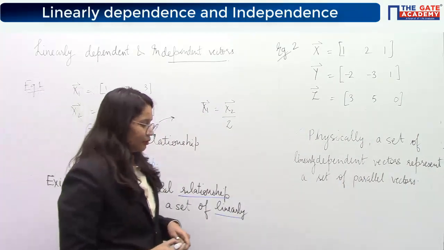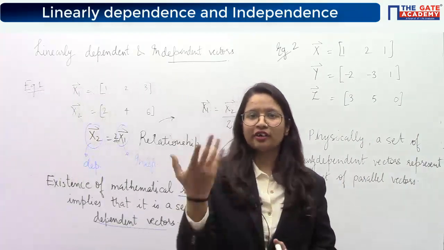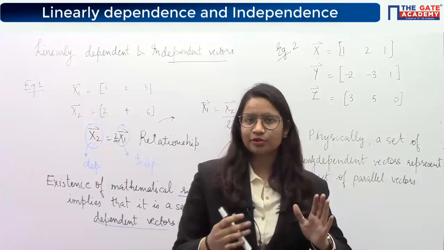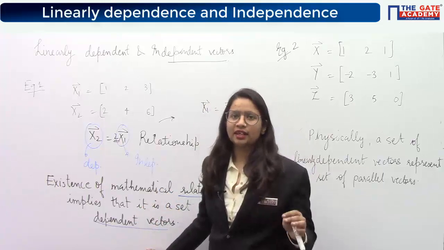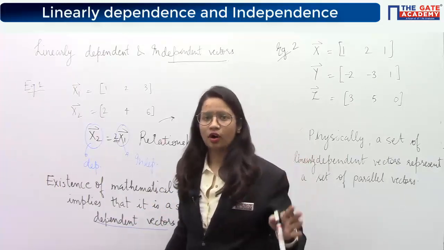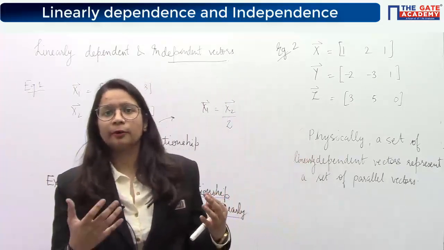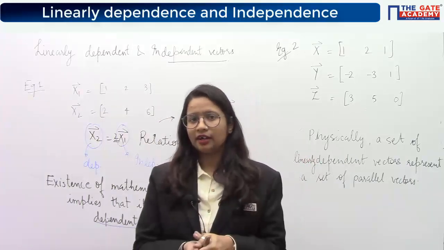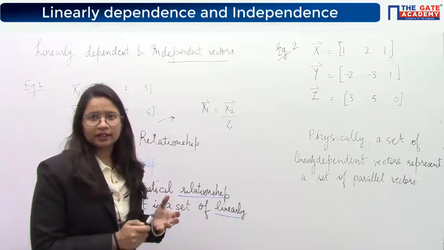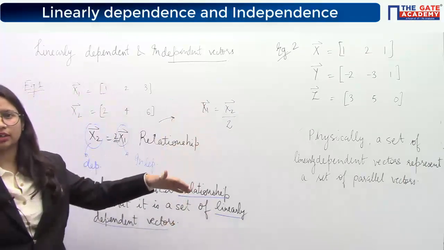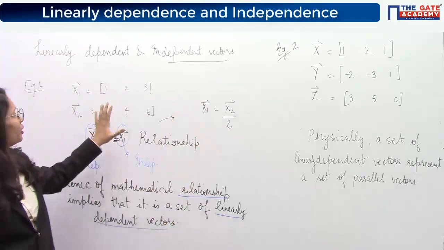Now, by the universal analogy of you and your parents, I proved that if there is a relationship, then there is a dependency. We have seen that for the vectors to be linearly dependent, there should be some relationship. Now, I have not told you anything about a set of three vectors, only about two vectors.